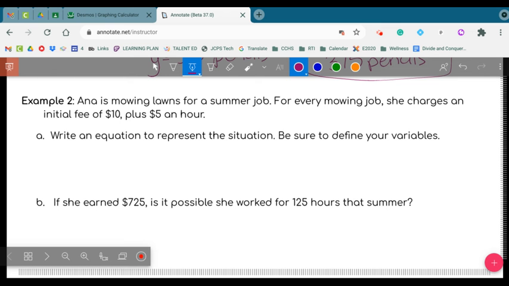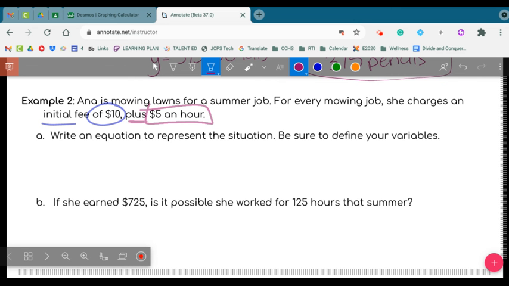It says, Anna is mowing lawns for a summer job. For every mowing job, she charges an initial fee. So an initial fee of $10 plus $5 per hour. Write an equation to represent the situation. Be sure to define your variables. So if she charges an initial fee, is she going to charge that more than once?